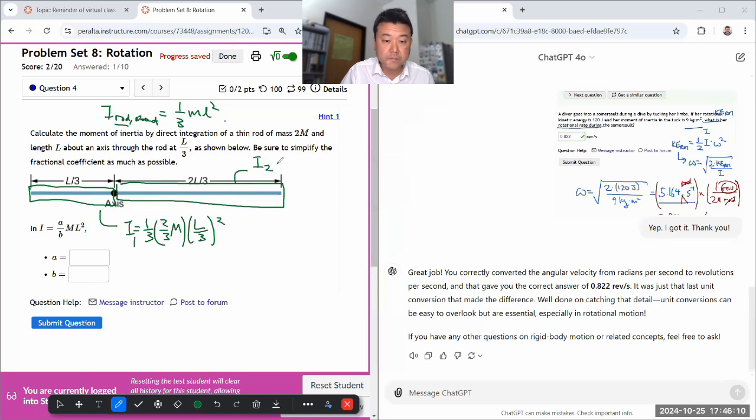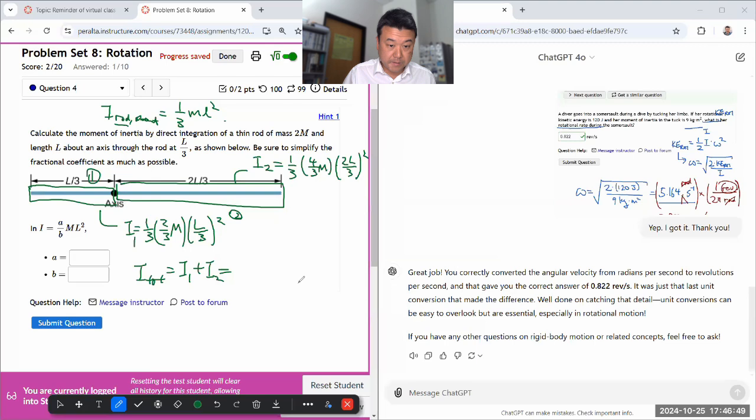And I can get I2 here as the same thing, same formula, 1/3, but different numbers. Now it's 2/3 of 2m, so it will be 4/3 m times the length, 2L/3, squared. So for I total, this is where I use the superposition principle. The entire object looks like 1 added to 2. So the total rotational inertia is I1 plus I2, keeping the axis point the same.